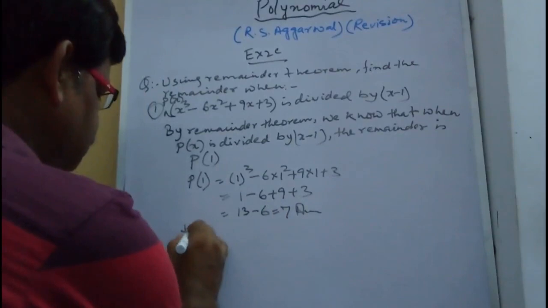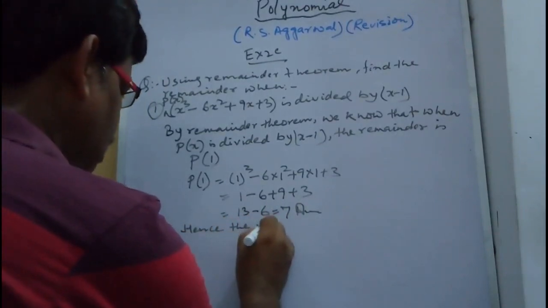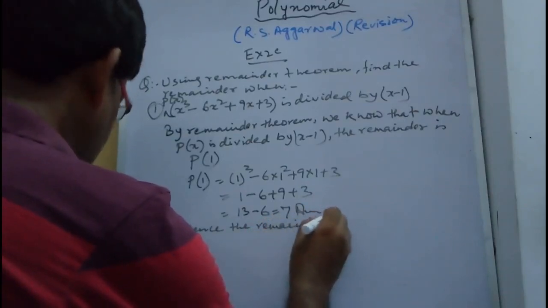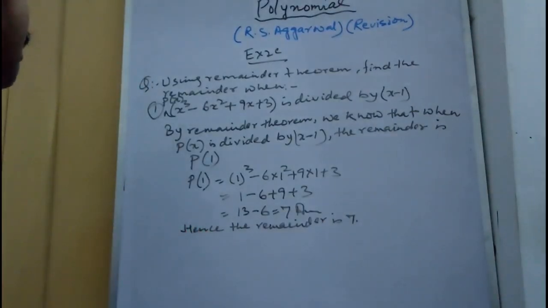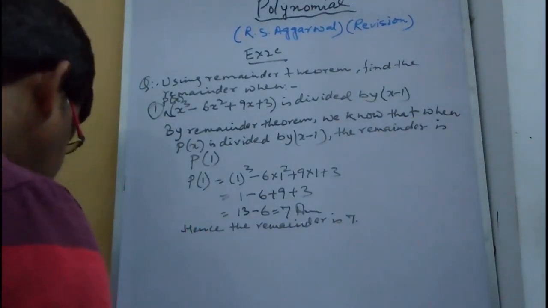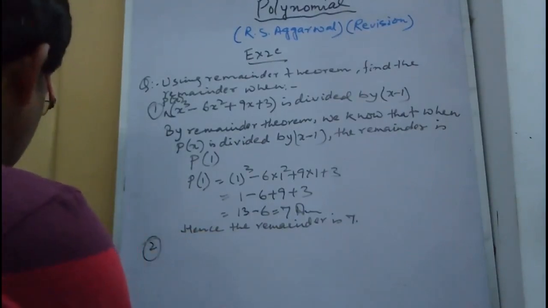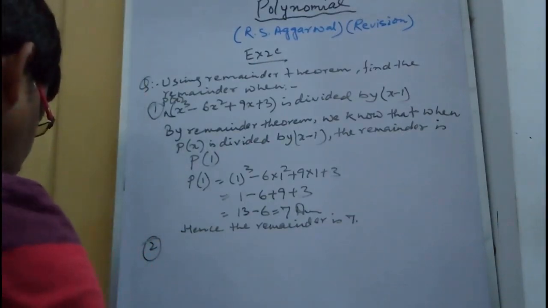Hence, the remainder is 7. Now, question number 2.